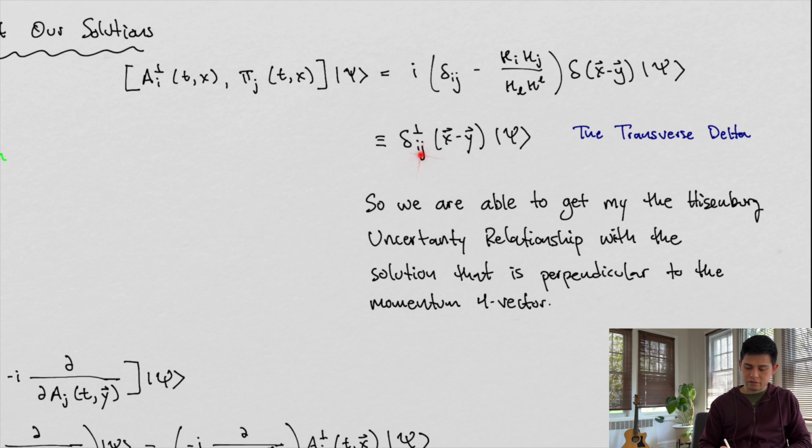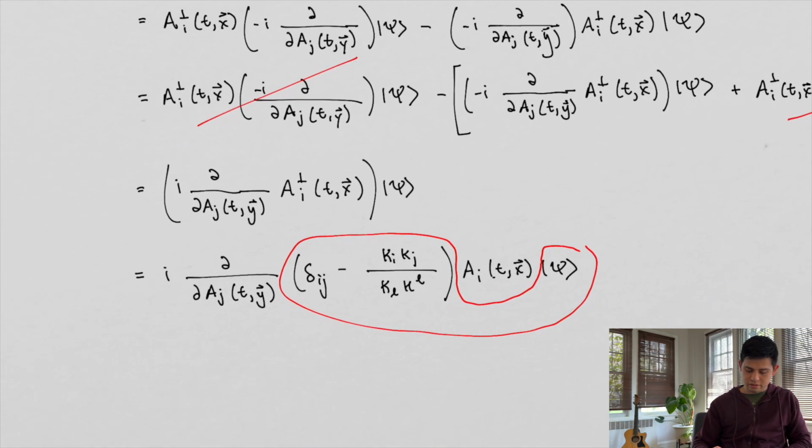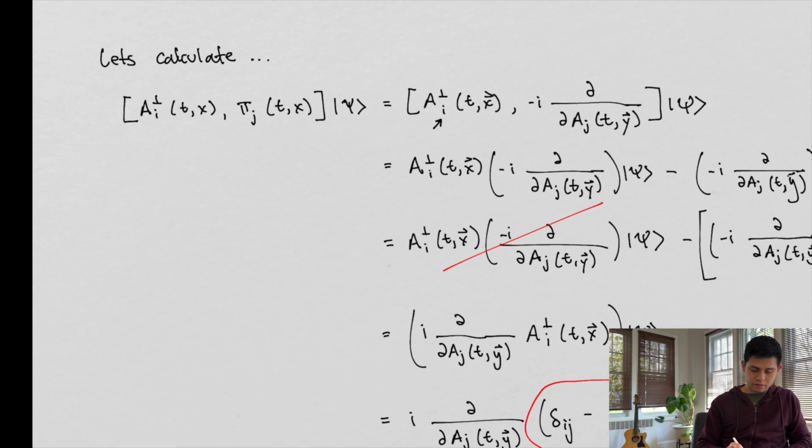That's where these I and J's are going to show up. But I missed here, Y and X also have to be the same, because this is the derivative with respect to the solution at a particular point Y. And this here was at X, so this guy here should have been at Y.